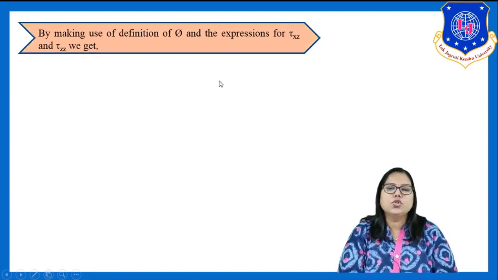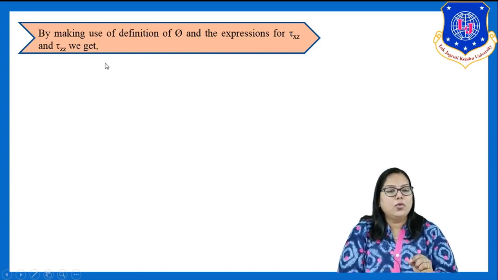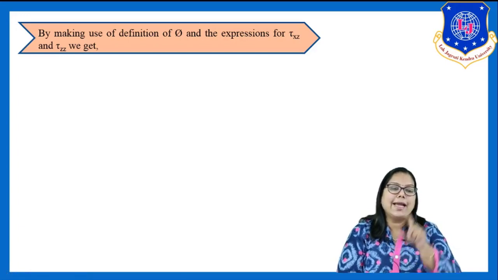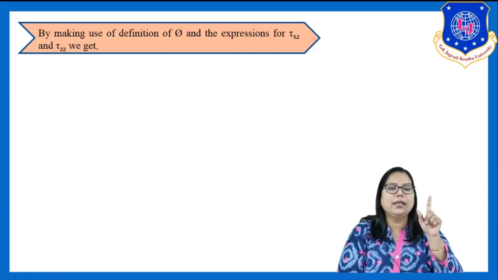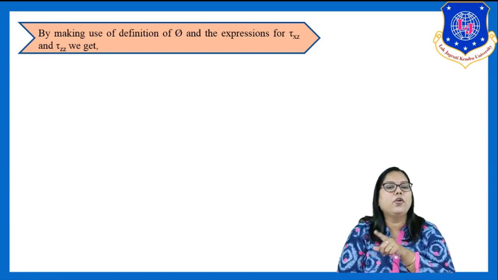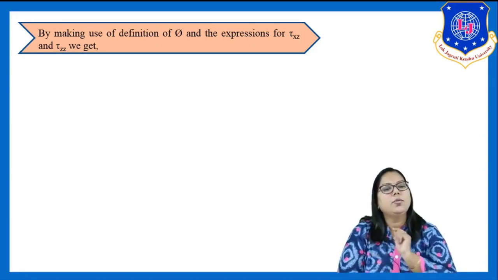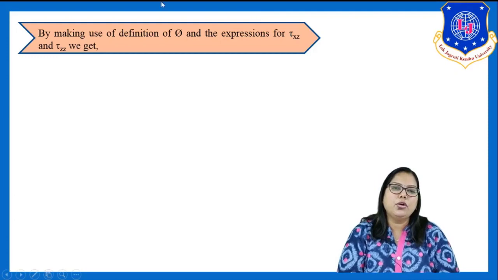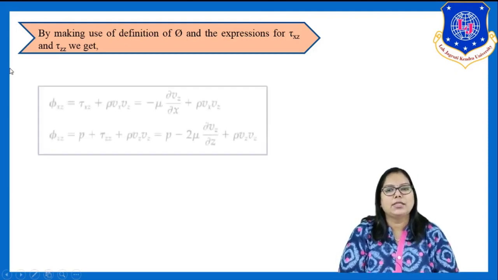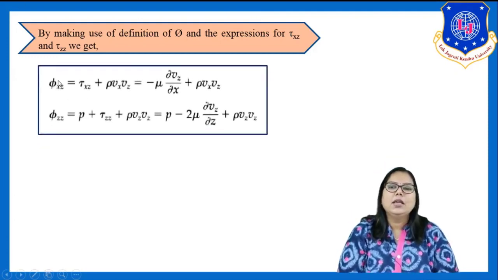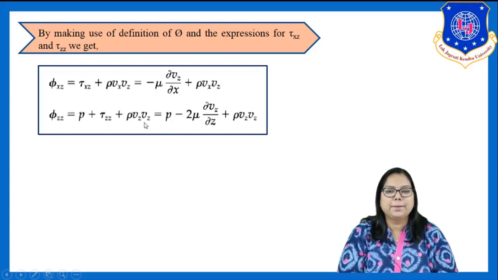Now, by making use of the definition of phi and the expressions for tau xz and tau zz, we get, using the table we have seen in our previous session, the table for convective momentum and the table for molecular momentum, to take the value of tau xz and tau zz. See here. Phi xz is equal to tau xz plus rho vx vz and phi zz equals p plus tau zz plus rho vz vz.